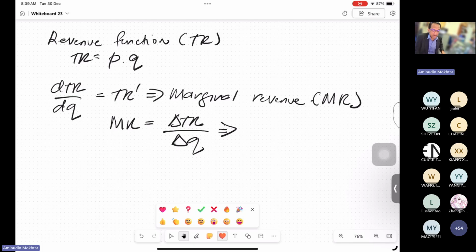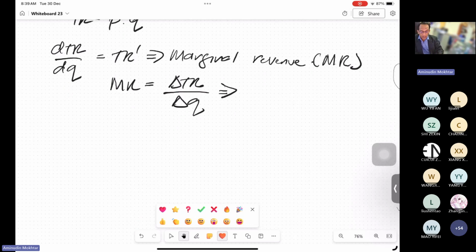So in terms of dy/dx, MR can be measured by taking the first derivative of total revenue. In other words, let's say I have this function.